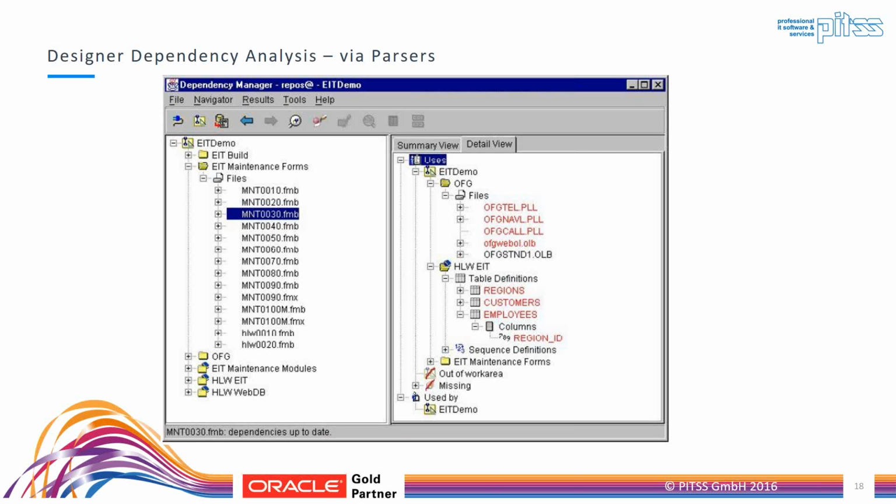Certainly very useful if you're changing things and need to check where something is used. And you can switch these around either way, so you can see that a PLL file is used by a particular set of forms. So great tools if you're maintaining systems.